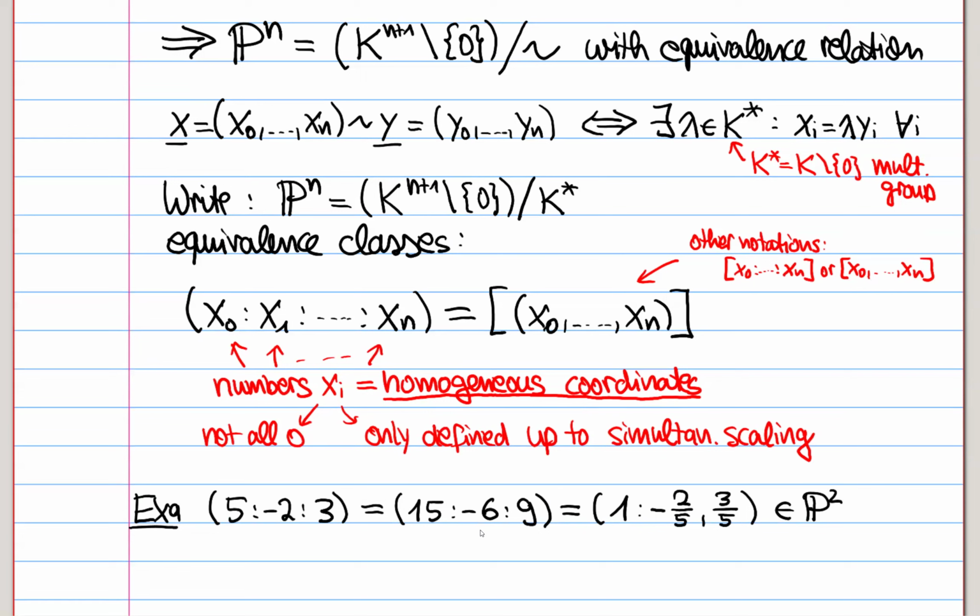So that's one motivation why we place these colons, because the ratios are conserved. So this is a bit about the homogeneous coordinates. And next we're going to see that the projective space actually contains the affine space that we like as a subset.